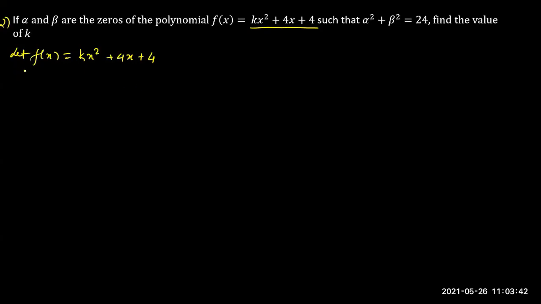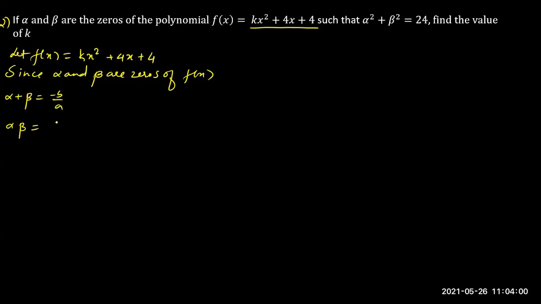Since alpha and beta are zeros of f of x, then alpha plus beta is minus b by a, and alpha into beta is c by a. Alpha plus beta is equal to minus 4 divided by k, and alpha into beta is 4 by k. Okay, very good.